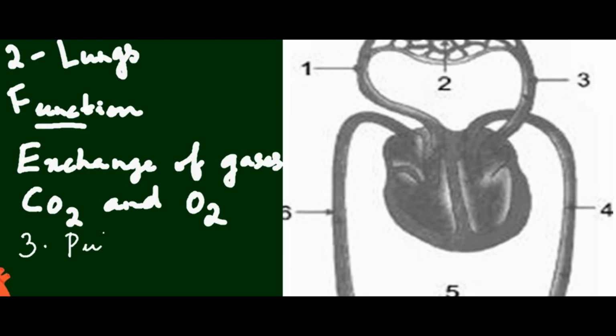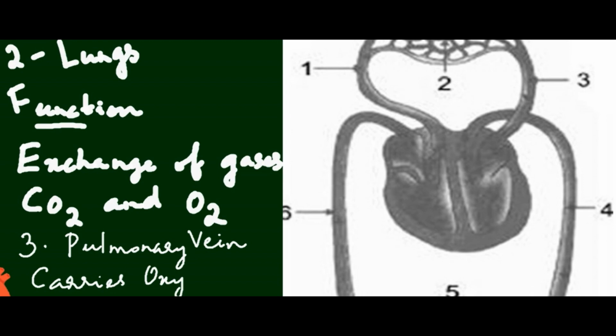And if it's about part 3, that is the pulmonary vein. You can write: pulmonary vein carries oxygenated blood from the lungs to the left atrium. So there go the 2 functions.